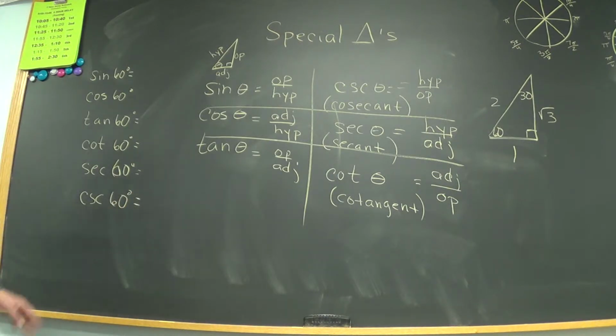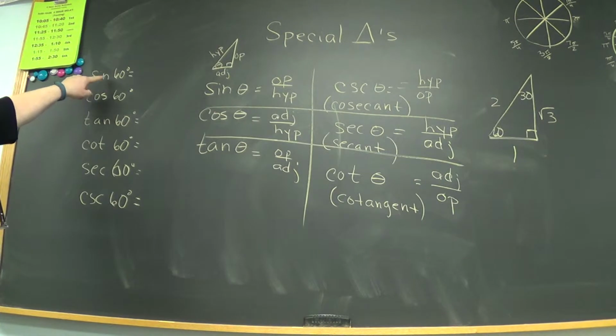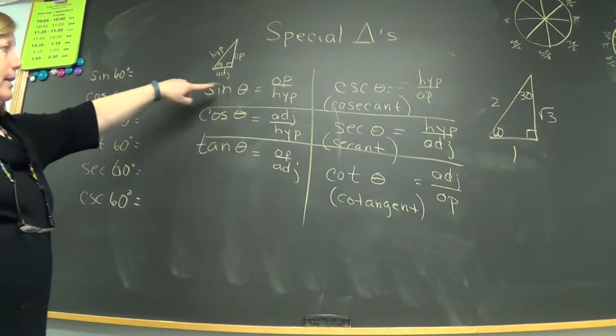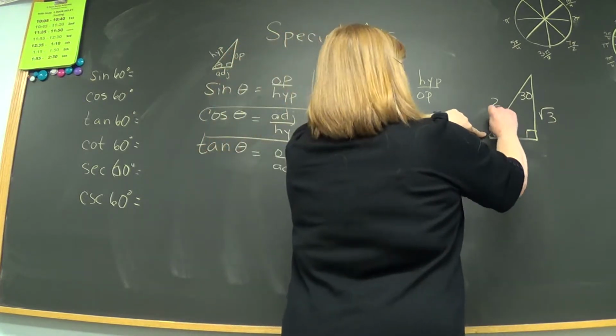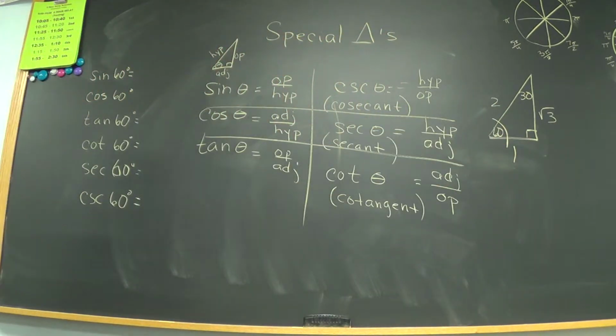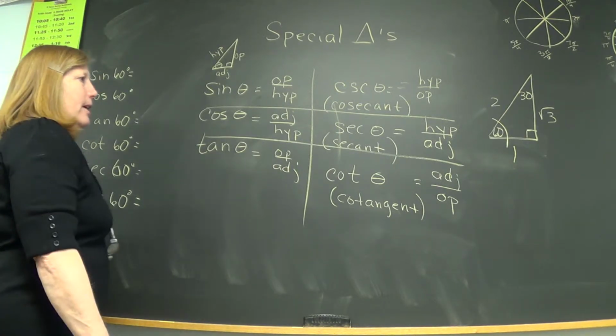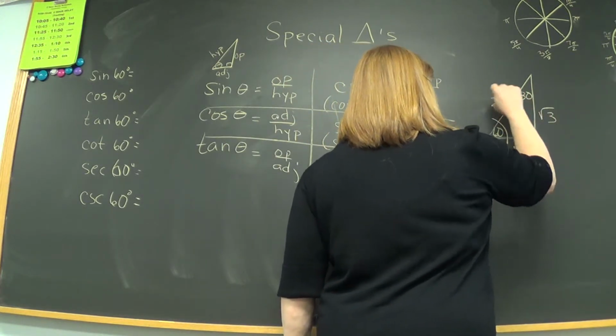Looking at our chart here, look at sine of 60. That means opposite over hypotenuse. Here's my 60-degree angle. So what is opposite over hypotenuse? Now, we're not looking at angles. We're looking at these numbers.